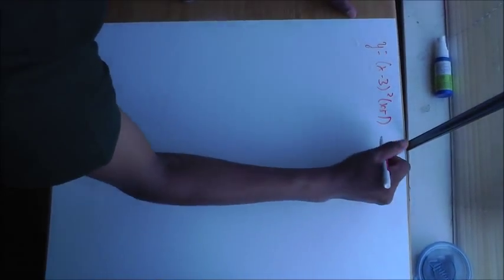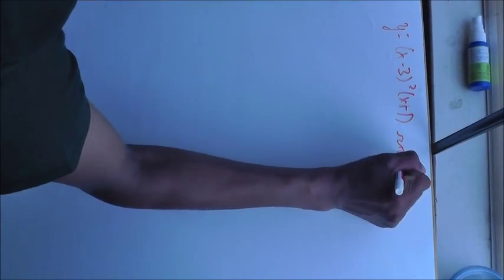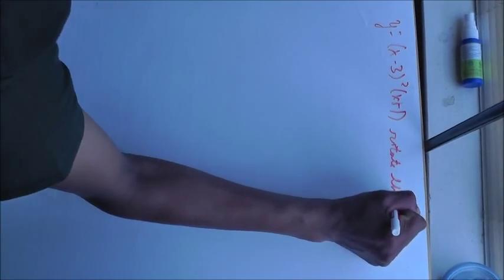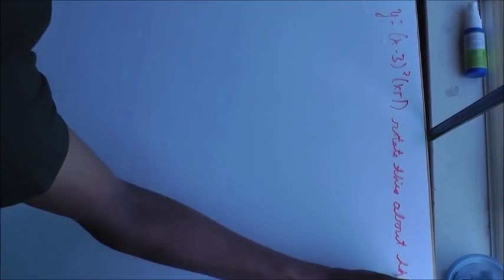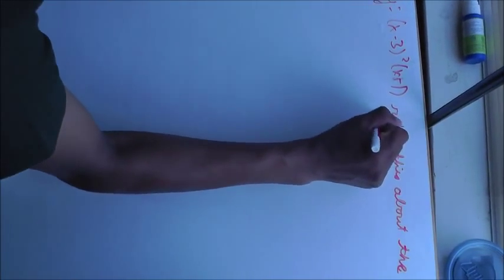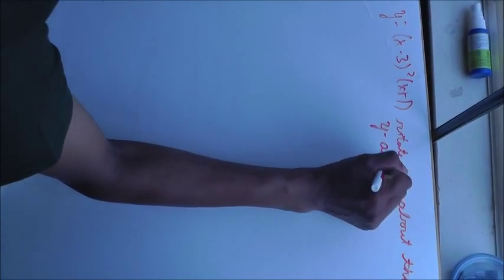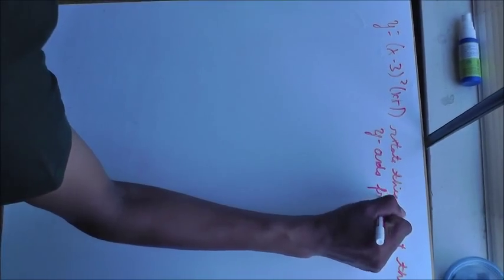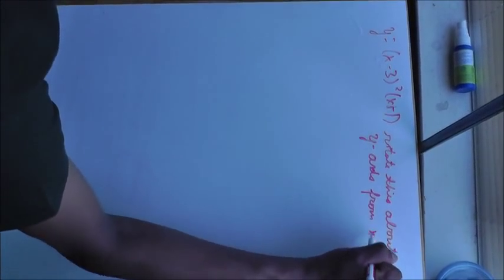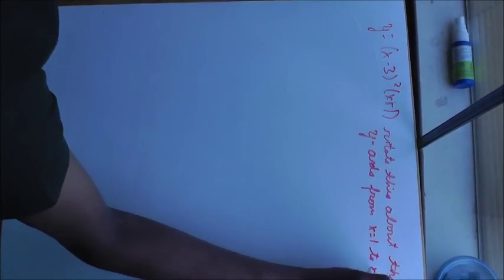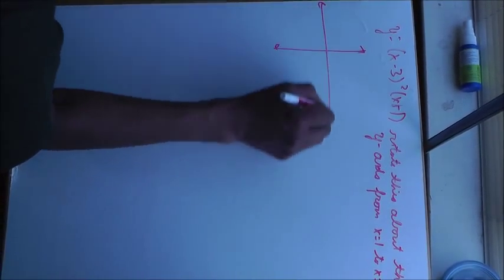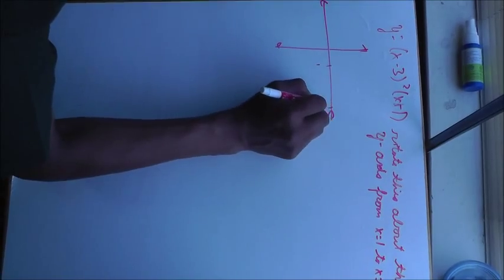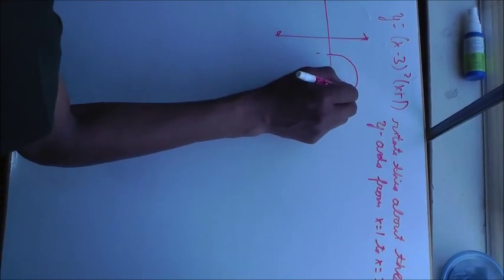We want to rotate this about the y-axis from x equals 1 to x equals 3. From x equals 1 to x equals 3, this function looks something like this.